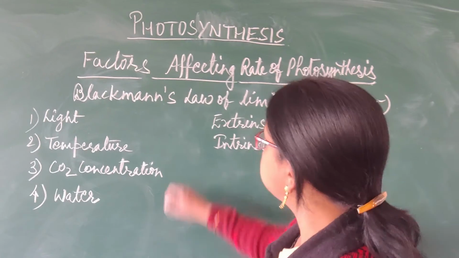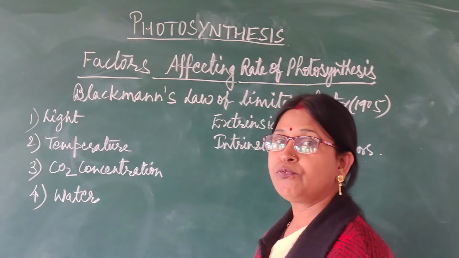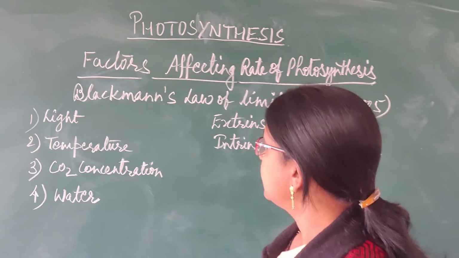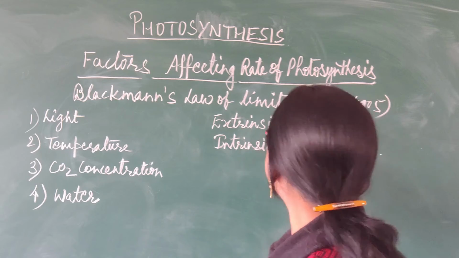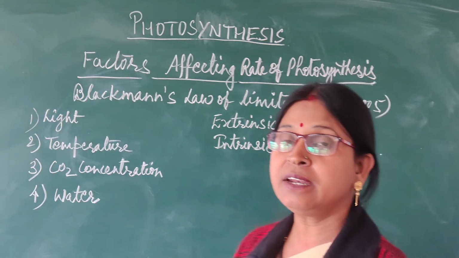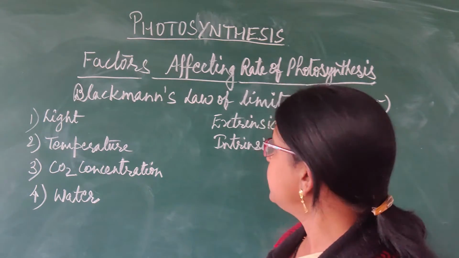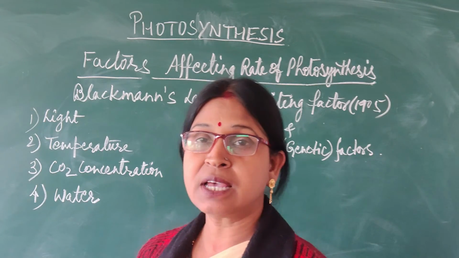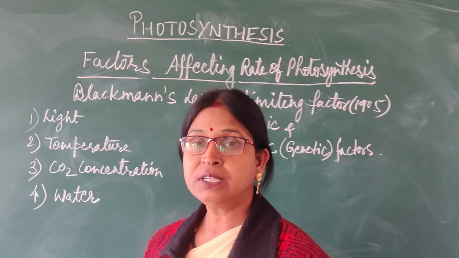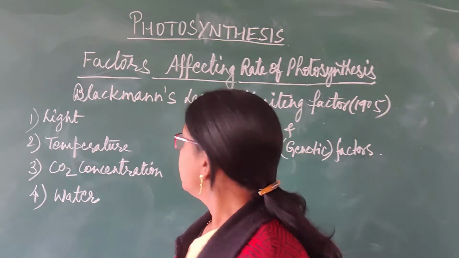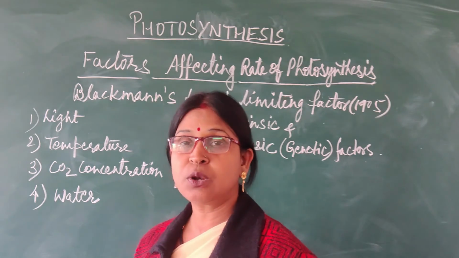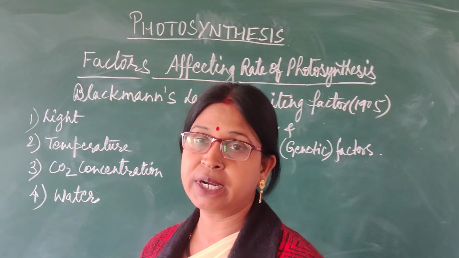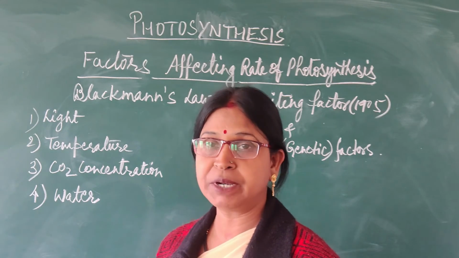We are discussing the factors affecting the rate of photosynthesis. Blackman's law of limiting factors, given in 1905. According to this law, when more than one factor is affecting any reaction, then the factor which is slowest or lowest in quantity will become the limiting factor.